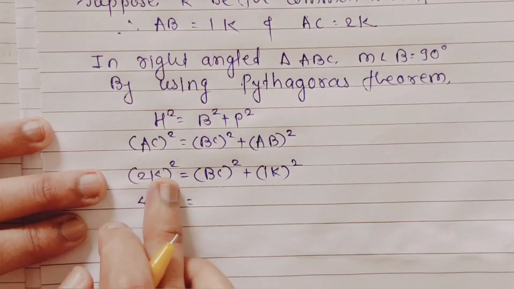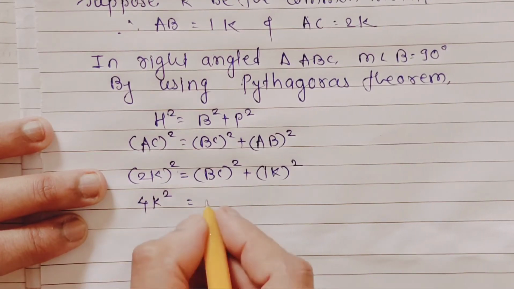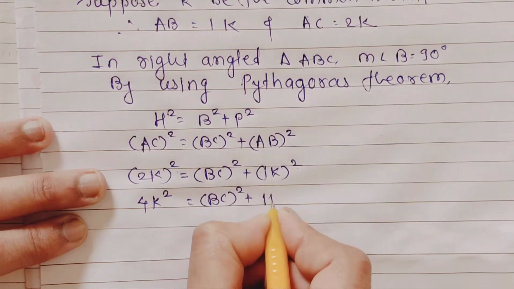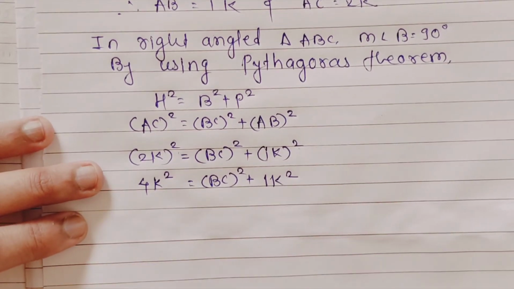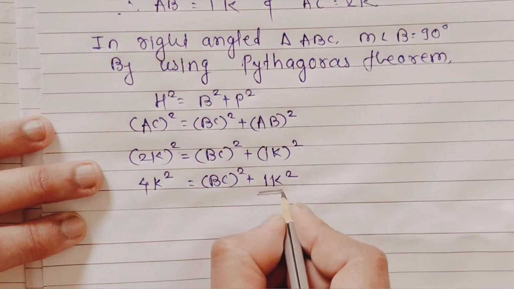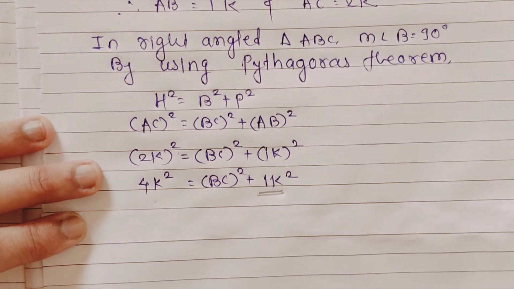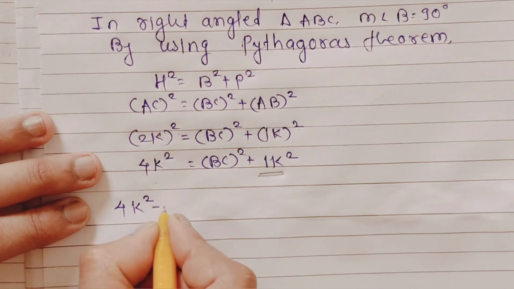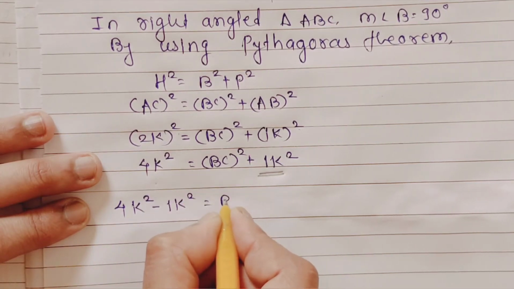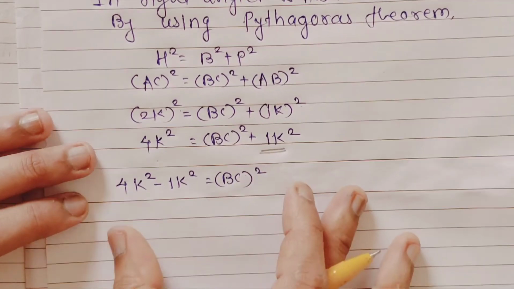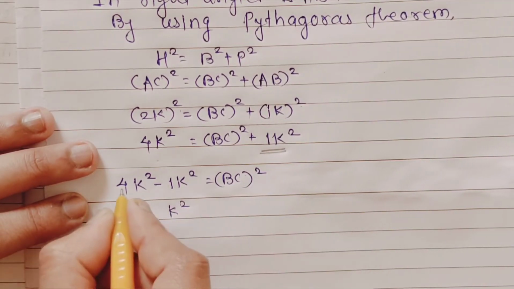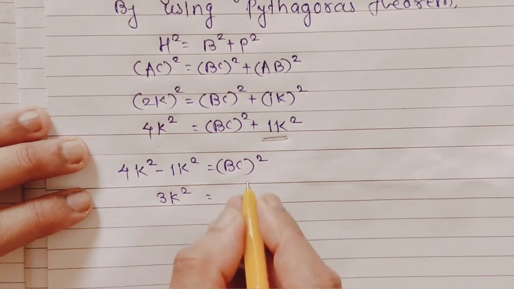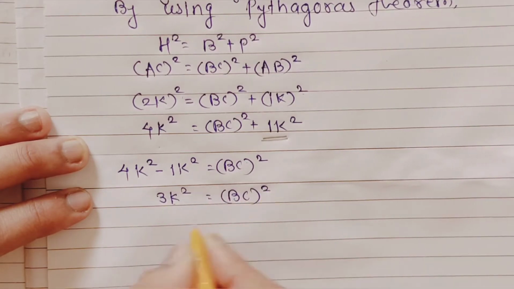That means 2k bracket square is equal to 4k square, is equal to BC square plus 1 square, 1 into k square. So we have to find out the value of BC. That means 1k square has to be shifted to the LHS. So after shifting, it will be subtracted. So LHS as it is, 4k square minus 1k square is equal to BC square. So subtraction, 4 minus 1 that means 3, k square will come in common. So BC square is equal to 3k square.